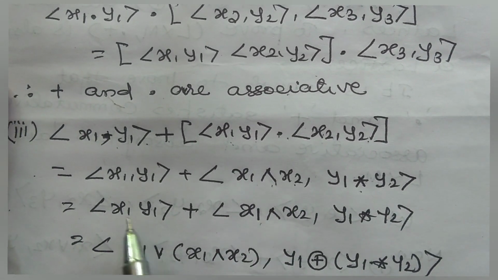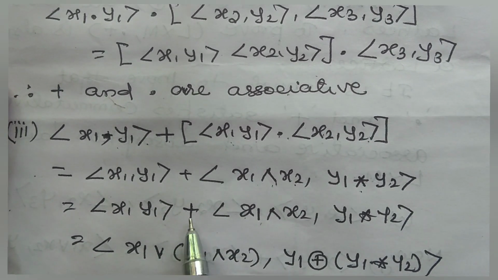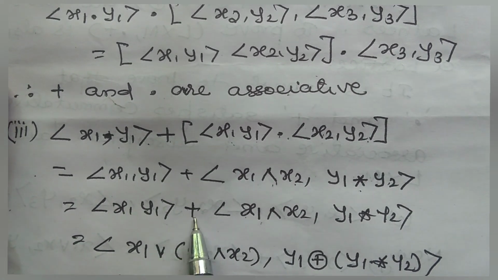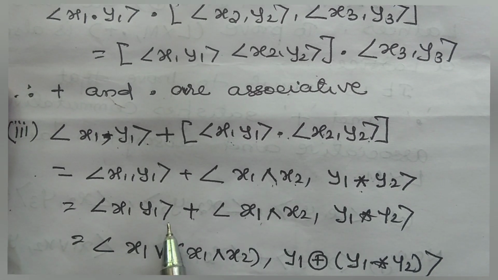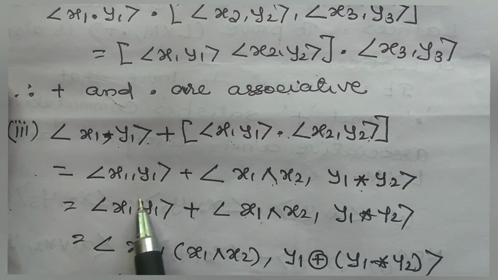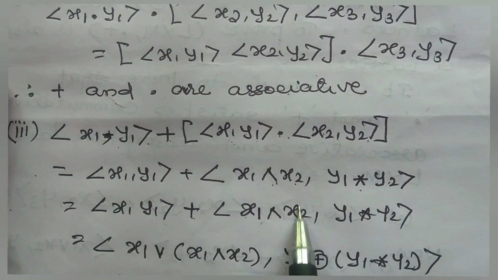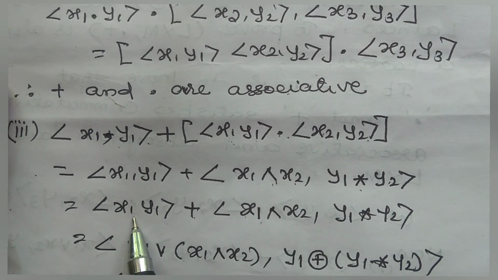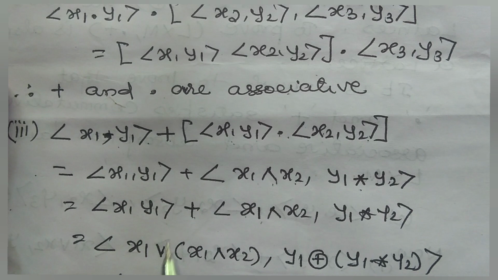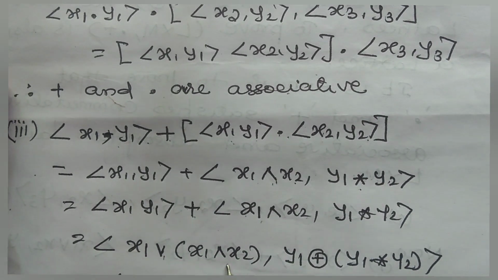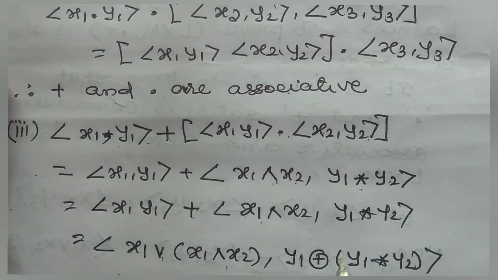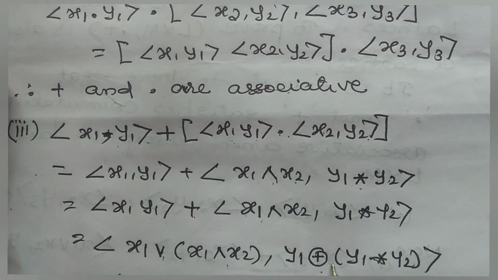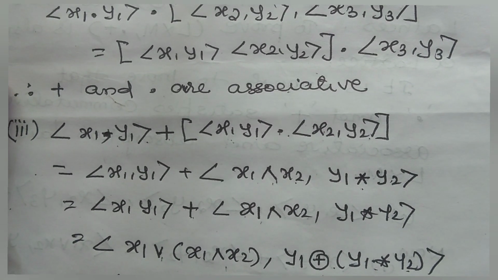Now we can use this plus condition. This is the second operator of L cross M, so we use the second operator. You consider this as a single element, and this is also a single element. So that is x1, second operator is or, comma, y1, second operator is plus, that is y1 plus y1 star y2.